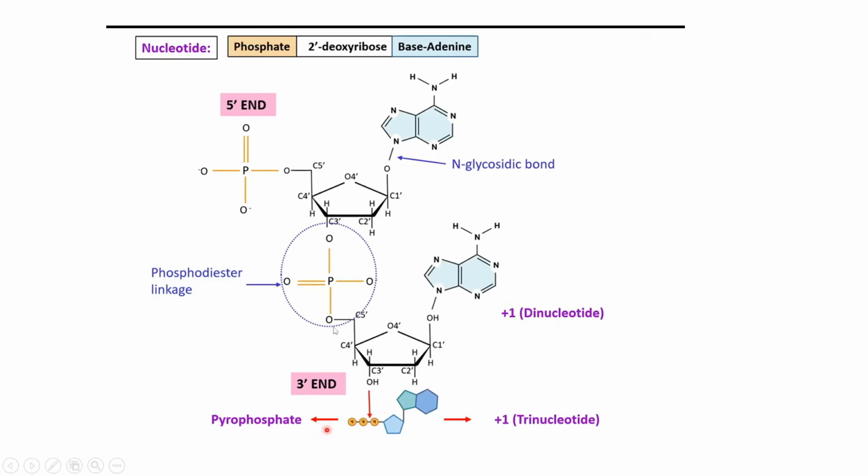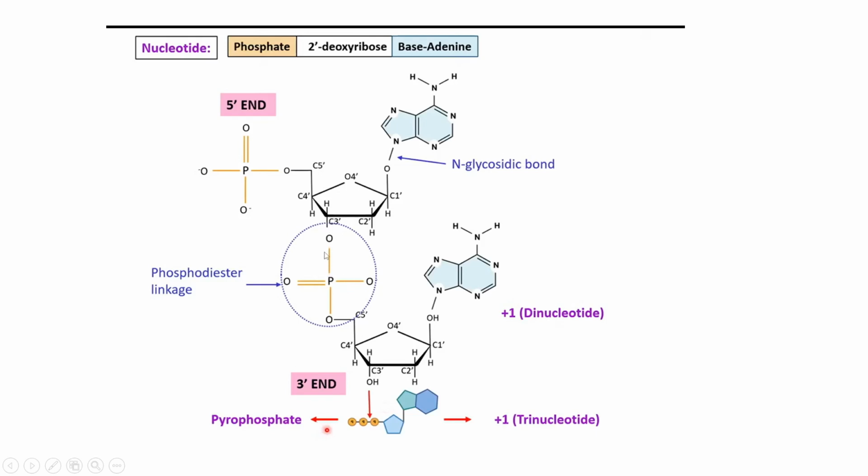The incoming nucleotide means it contains the phosphate group at the 5 prime position. And over here we have the OH group at the 3 prime position, the third carbon position. This OH group will act as a nucleophilic agent. It will donate the electrons and make the phosphodiester bond.